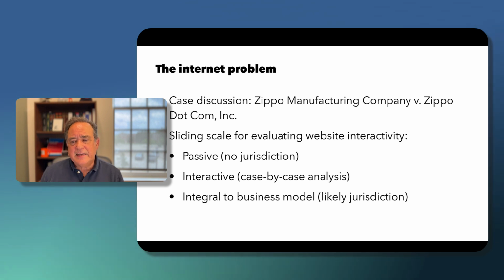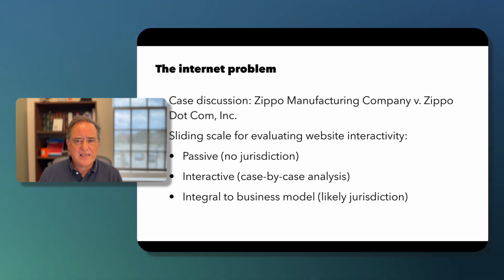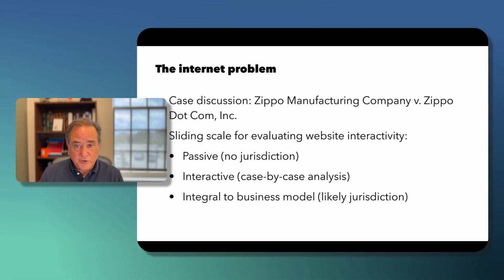Finally, if it is integral to the business model of the company, then there is likely jurisdiction. So a company like Amazon, which has very few physical locations, does business as a .com. They are doing business over the internet.